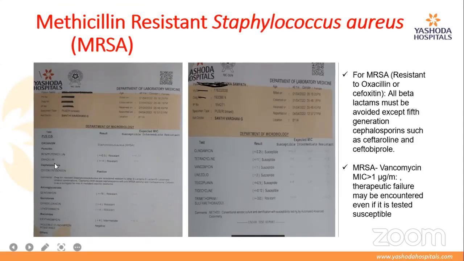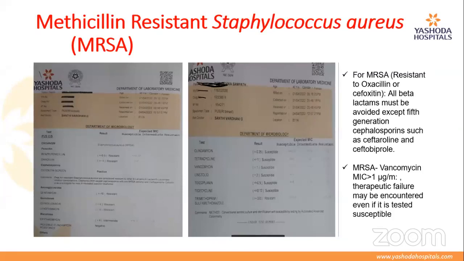Coming to Enterococcus species. This is the sensitive strain, where in a blood culture Enterococcus faecium was detected. And here the synergistic resistance is there, that is, synergistic high-level gentamicin. But here the vancomycin and linezolid are susceptible. Vancomycin, teicoplanin, linezolid are susceptible.